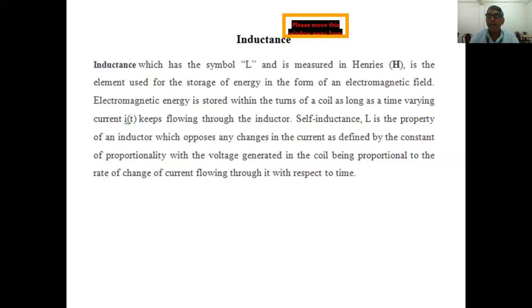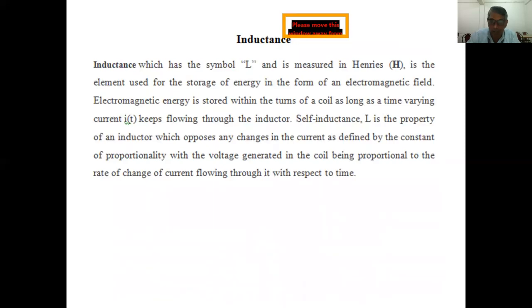An electromagnetic field is developed in that coil as the current flows through it. By definition, it is a property of an inductor which opposes any changes in the current. Please remember, if there is any change in the current, then it blocks.